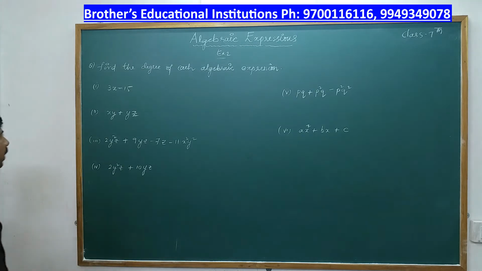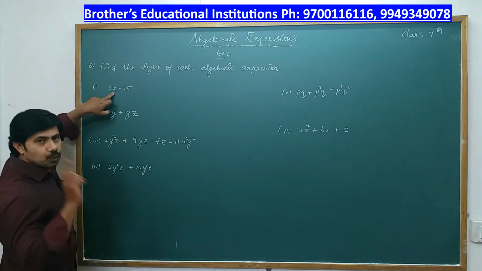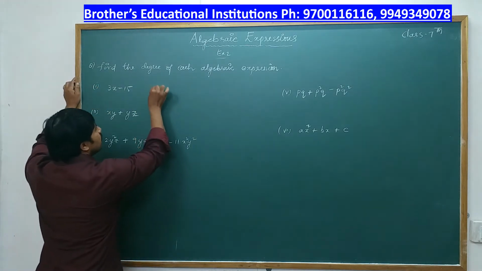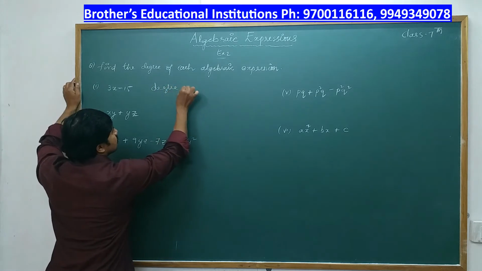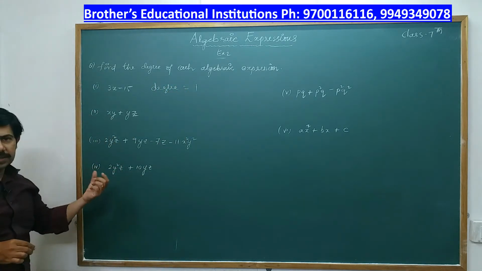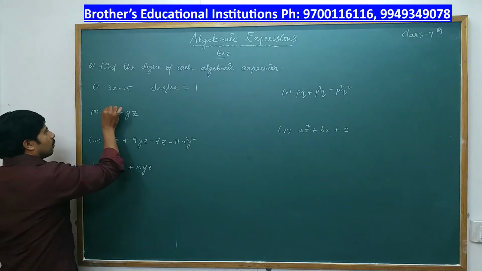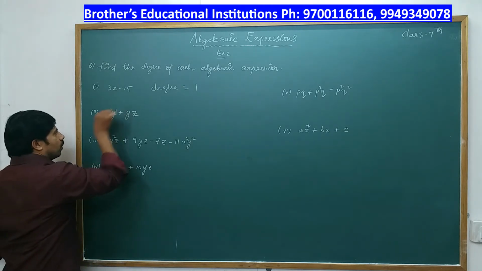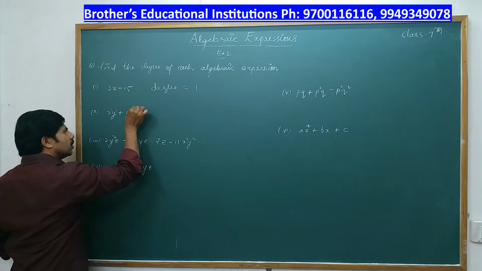Now 3x minus 15. 3x minus 15 is a binomial. So we have variable x. So the power of x is 1. So here the degree is 1. And now here xy plus yz. So power of x and power of y we need to add. Here y and z also we can add.